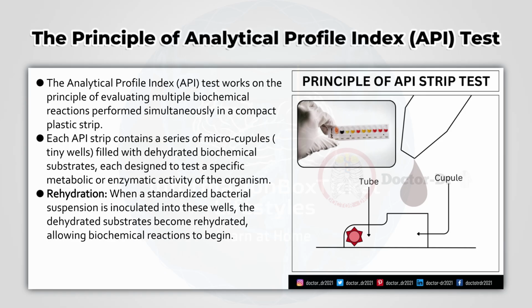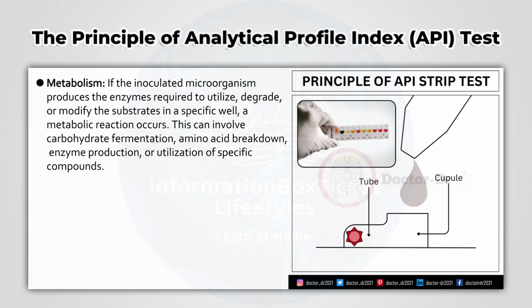Rehydration. When a standardized bacterial suspension is inoculated into these wells, the dehydrated substrates become rehydrated, allowing biochemical reactions to begin. Metabolism. If the inoculated microorganism produces the enzymes required to utilize, degrade, or modify the substrates in a specific well, a metabolic reaction occurs.